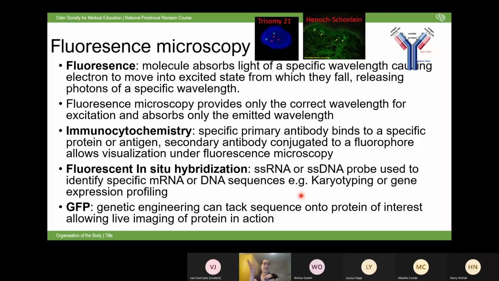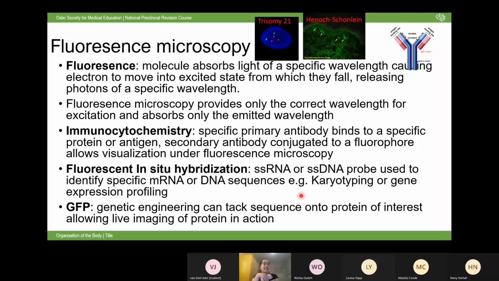And then when the electron moves up, it doesn't have the energy to maintain that level, and it falls back down again, causing it to release a photon of a specific wavelength, which will be of a longer wavelength, so a lower energy than the one it absorbed.